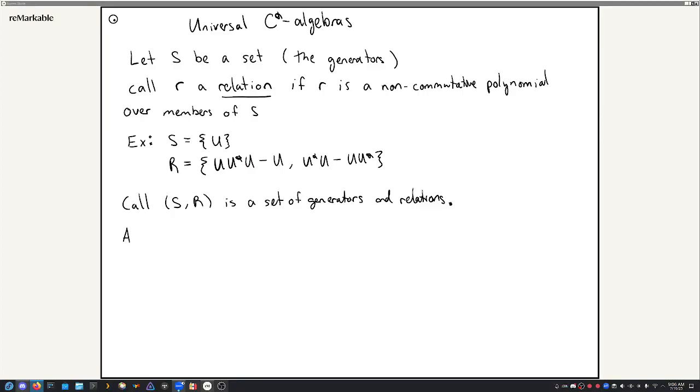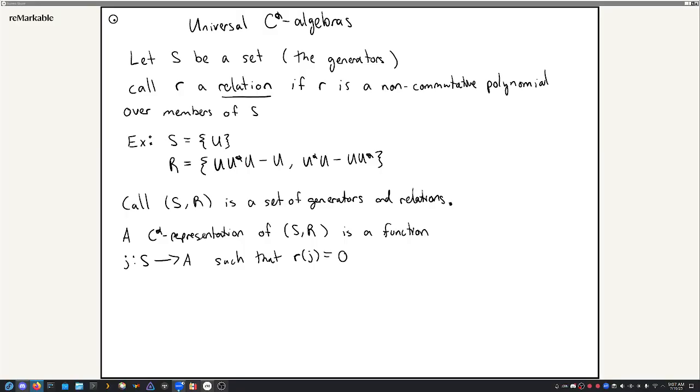So a C-star representation of a pair of generators and relations is some function, call it J, from S into a C-star algebra A, such that when you evaluate the polynomials in the set of relations R at the elements J of S, so I'm using just R of J for that notation, whenever you evaluate that polynomial in R at that set of elements in A, you get 0.